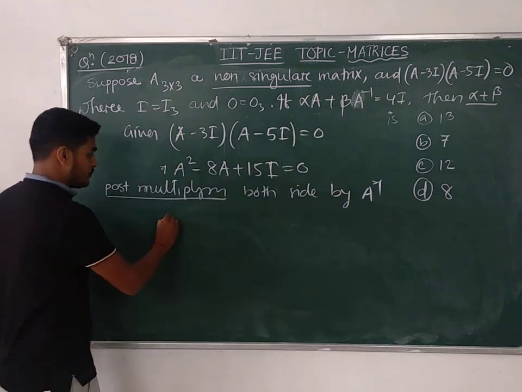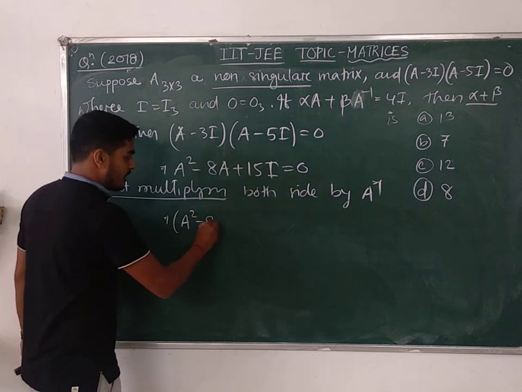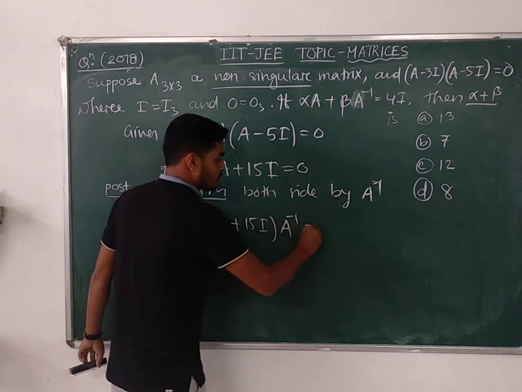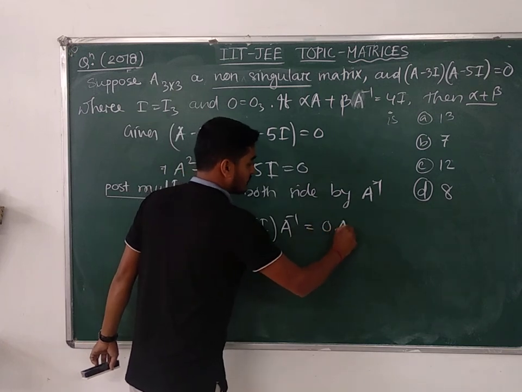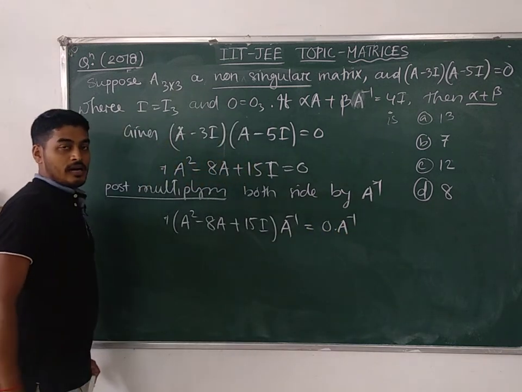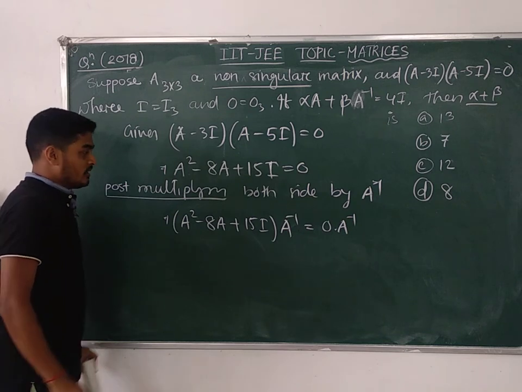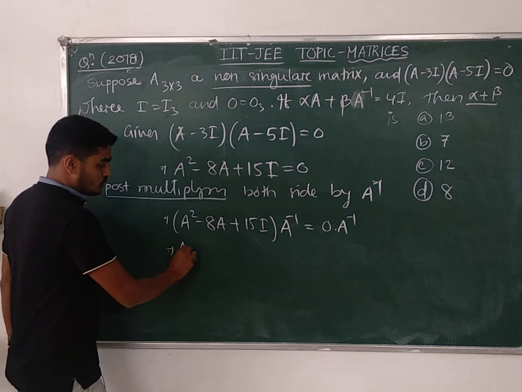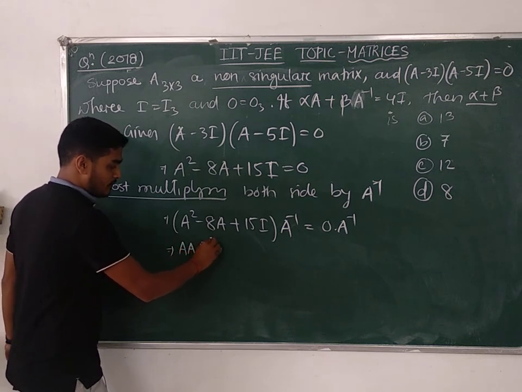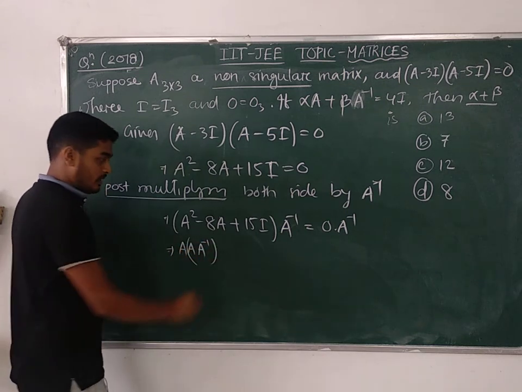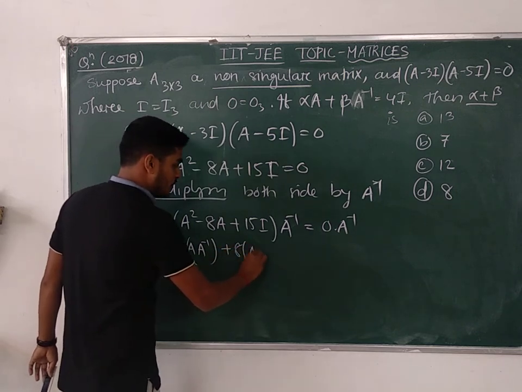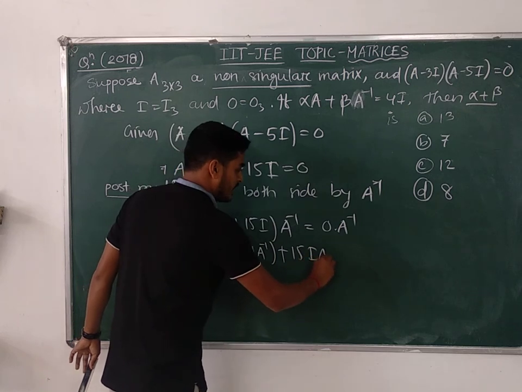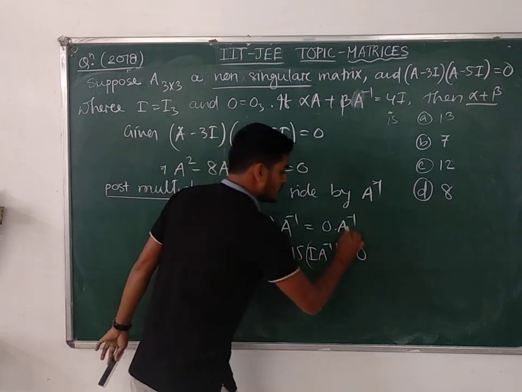That means the expression will be (A square minus 8A plus 15I) A inverse from the right-hand side, and 0 into A inverse. How can we simplify? How many A's are there? 2 A's. After multiplying it will be like that: A, minus 8 into A inverse plus 15I into A inverse is equal to 0.